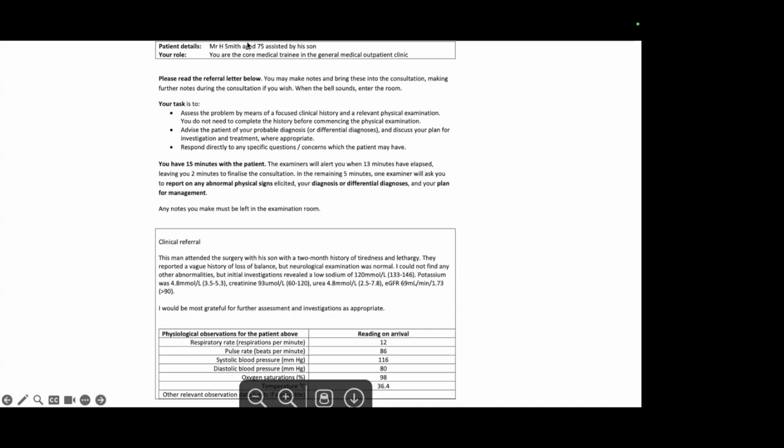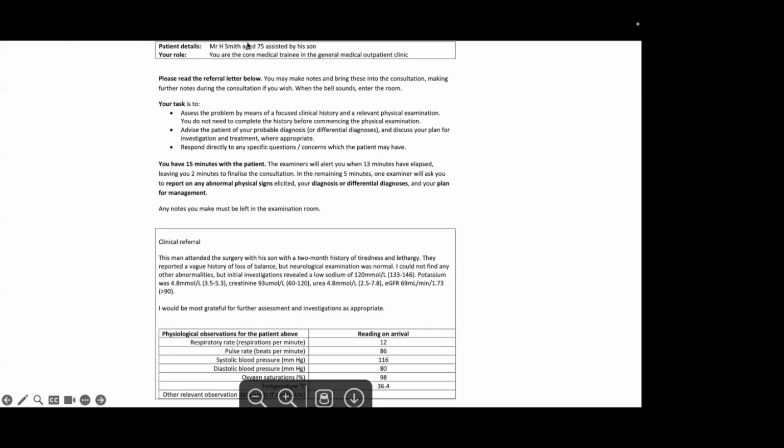So I would like to review the patient, have a look at him in general, maybe fluid status, hydration as well, any signs of cachexia. I'd like to have a quick listen to the chest for any crepitations, which would be consistent with some form of consolidation in the lungs.